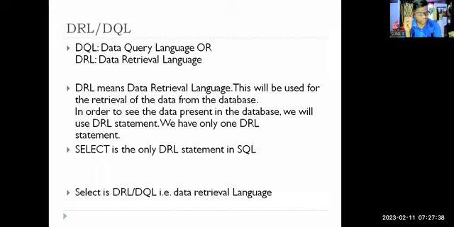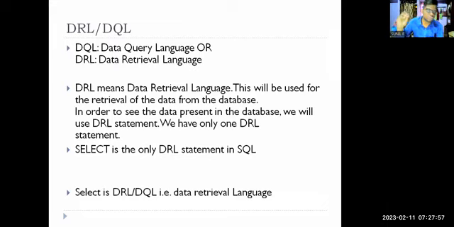If you want to retrieve data from the database, you can use the DRL language. In order to see the data present in your DB, we will use a DRL statement. We have only one DRL statement.